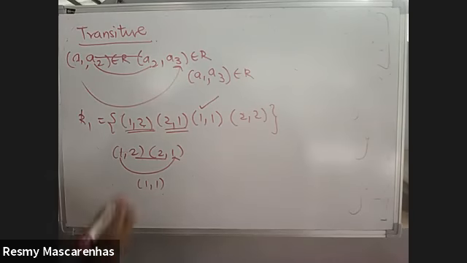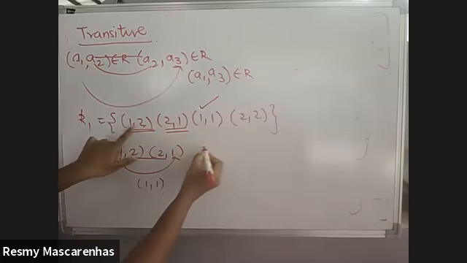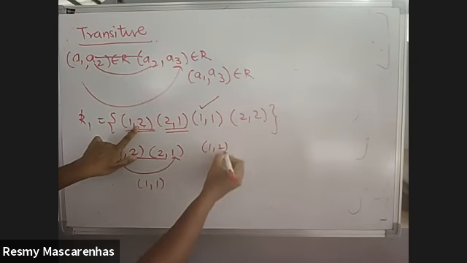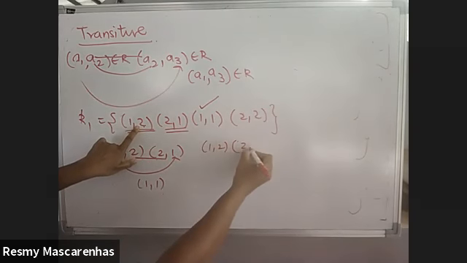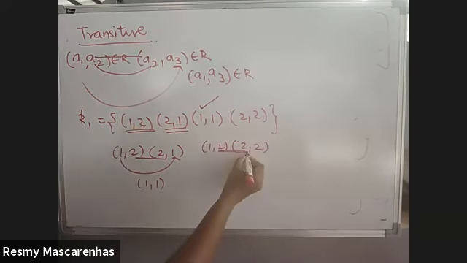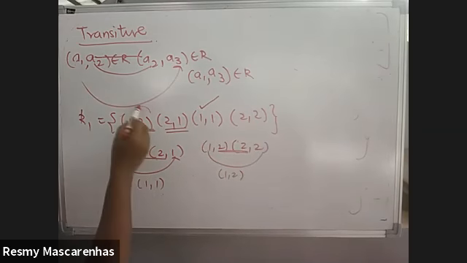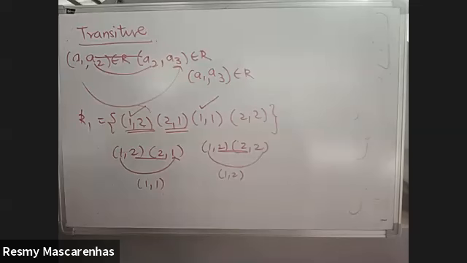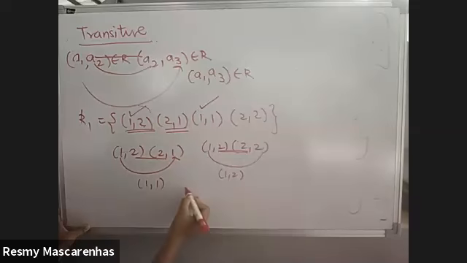Okay. So same way, take all the pairs like that. If there is 1 comma 2, another pair which is starting with 2 is 2 comma 2. These two are same. So what is the pair it is making? 1 comma 2. Check whether 1 comma 2 is there. Yes, 1 comma 2 is there. Then go for the next pair.